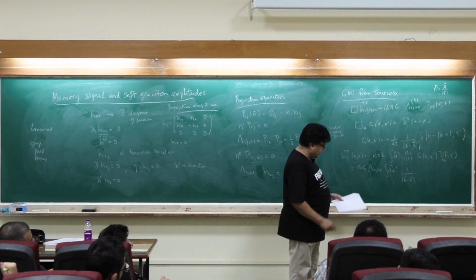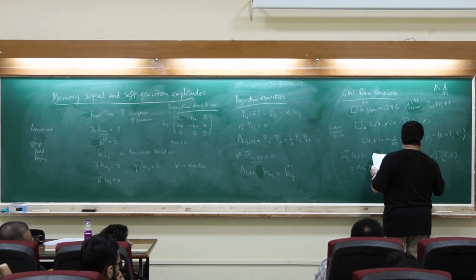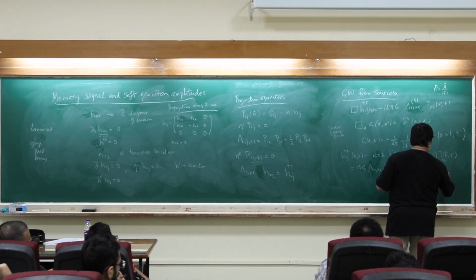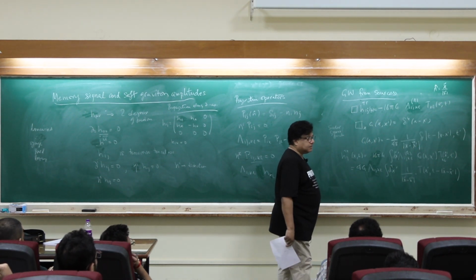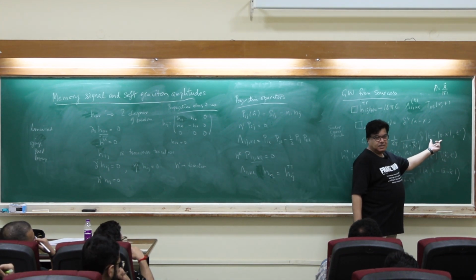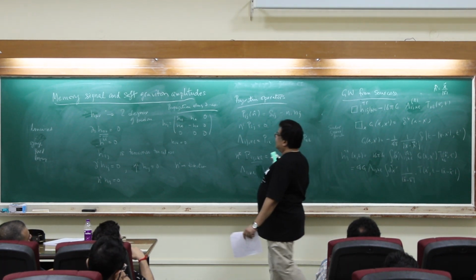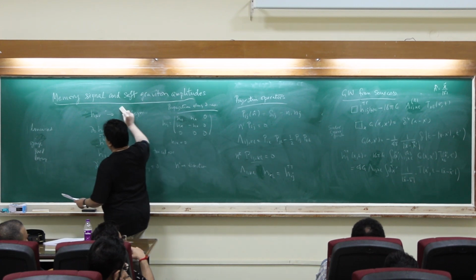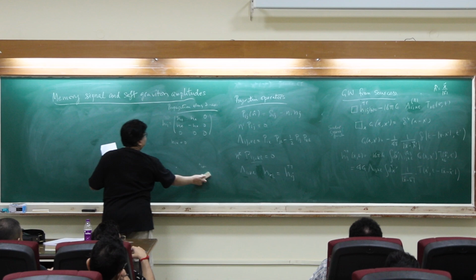And if you do the integral over t prime, what you will get is that t prime here will be replaced by t minus |x minus x prime|. So this t prime got replaced by this object. Right? All right. I guess I can remove this part.